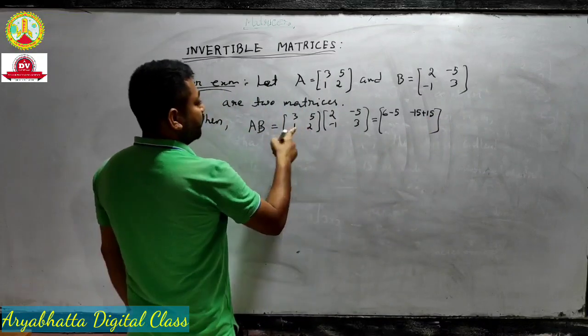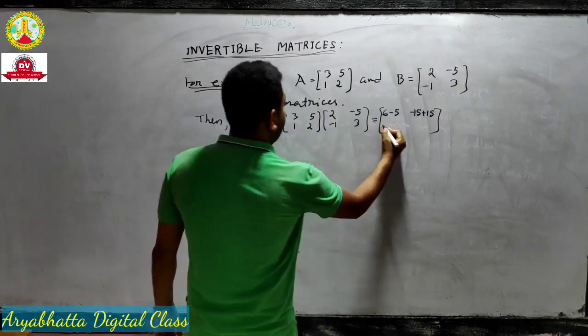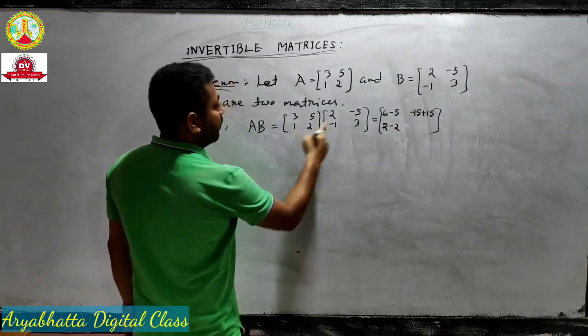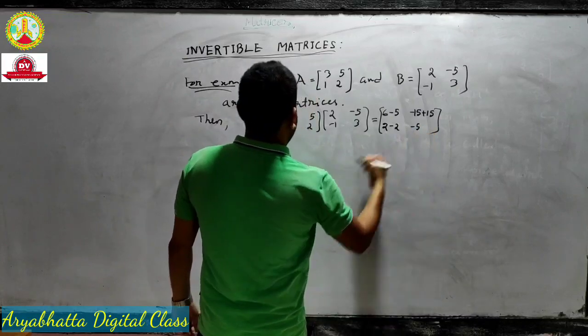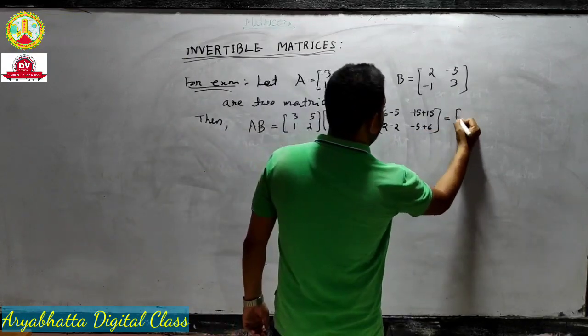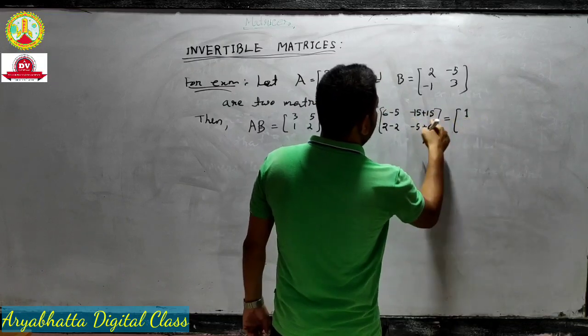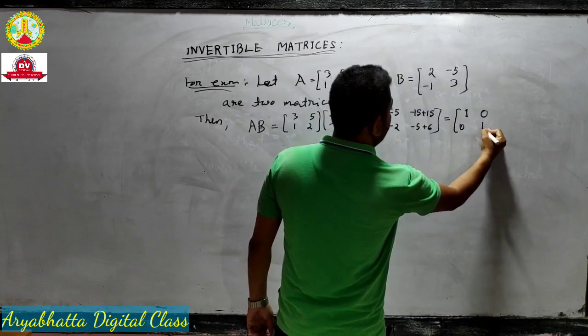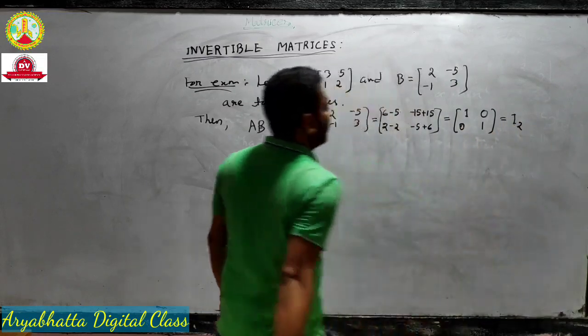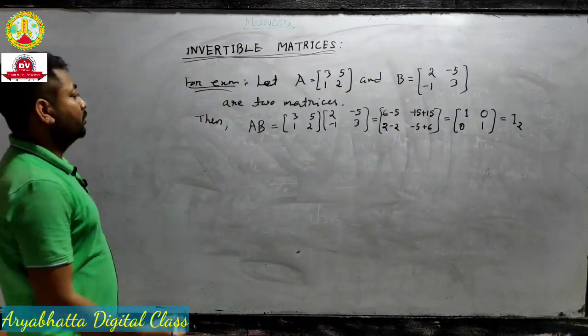Next, 1 into 2 plus 2 into minus 1 is 0. Next, 1 into minus 5 is minus 5, 2 into 3 is 6. This is equal to [6-5 0; 0 1] equal to [1 0; 0 1], which is I2, the identity matrix of order 2.